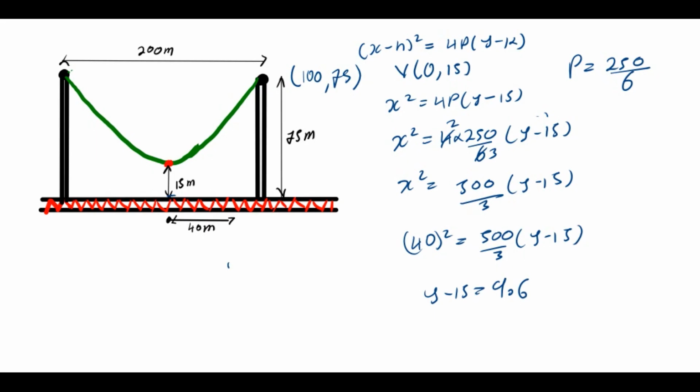Then take the 15 to the other side. You have 9.6 plus 15. My calculator is giving me y equals 24.6 meters.